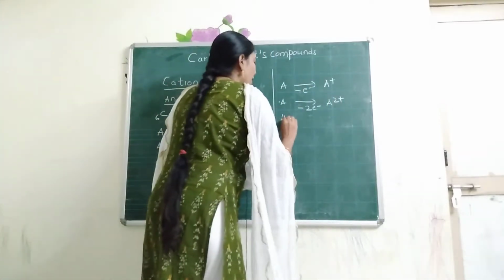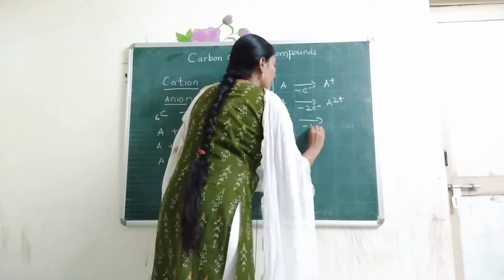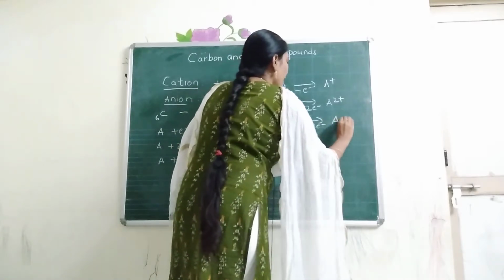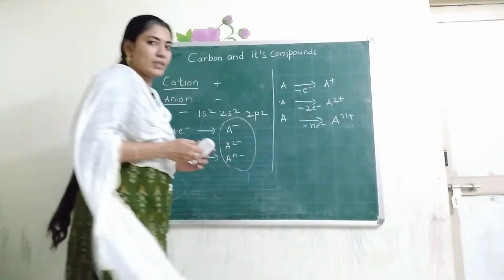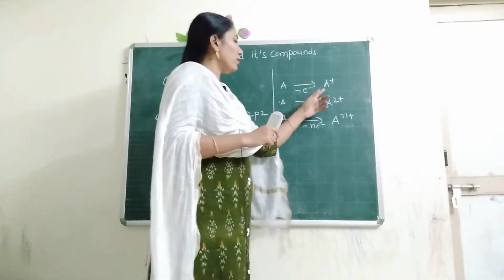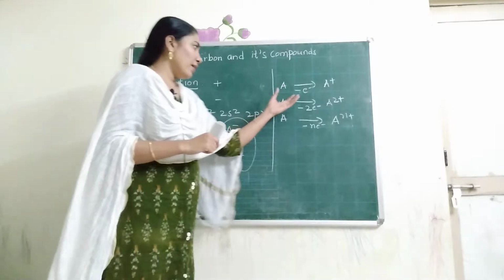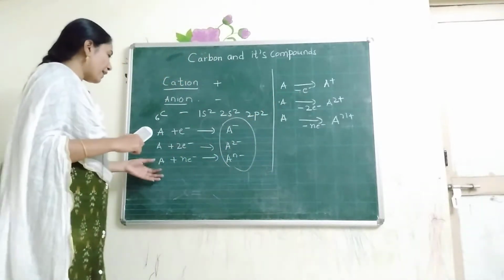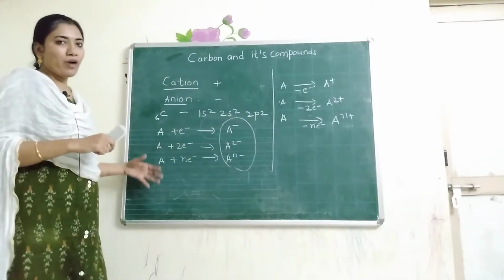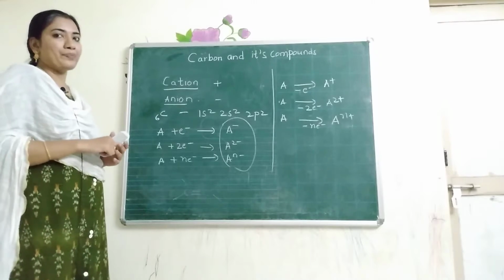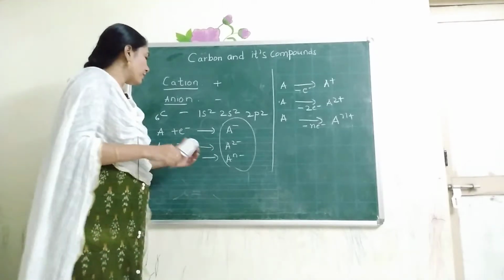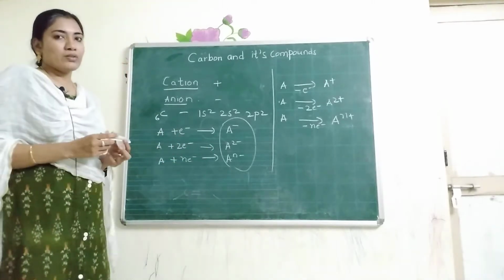If I remove n electrons, it forms An plus, isn't it? So these are all cations. Cations are formed by removing electrons, and anions are formed by adding electrons to the neutral atom. This way cations and anions are formed.